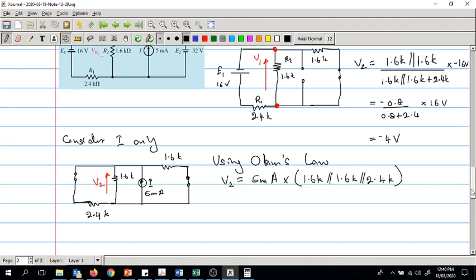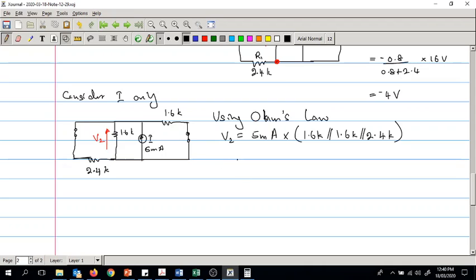Let's resolve this separately. 1.6k parallel with 1.6k is 0.8k. So 1.6k parallel 1.6k parallel 2.4k will be equal to 0.8k into 2.4k, R1 R2 over R1 plus R2.